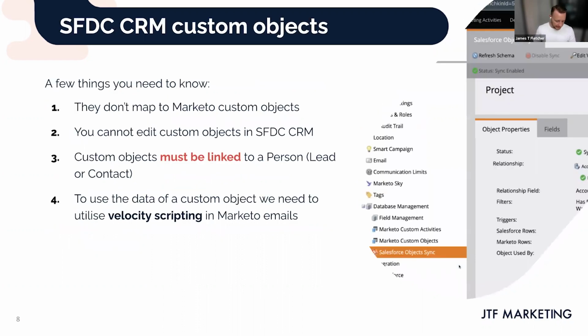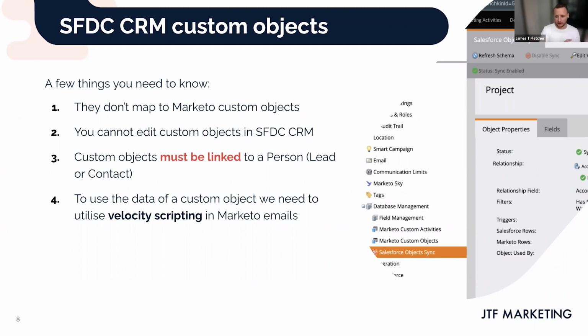Now, I've talked a little bit already about custom objects in Marketo. Custom objects in Marketo are completely disassociated from anything else related in Salesforce, and they are pretty much unused in most organizations. If you do start to use them, there is only one way that you can use them, which is velocity scripting.